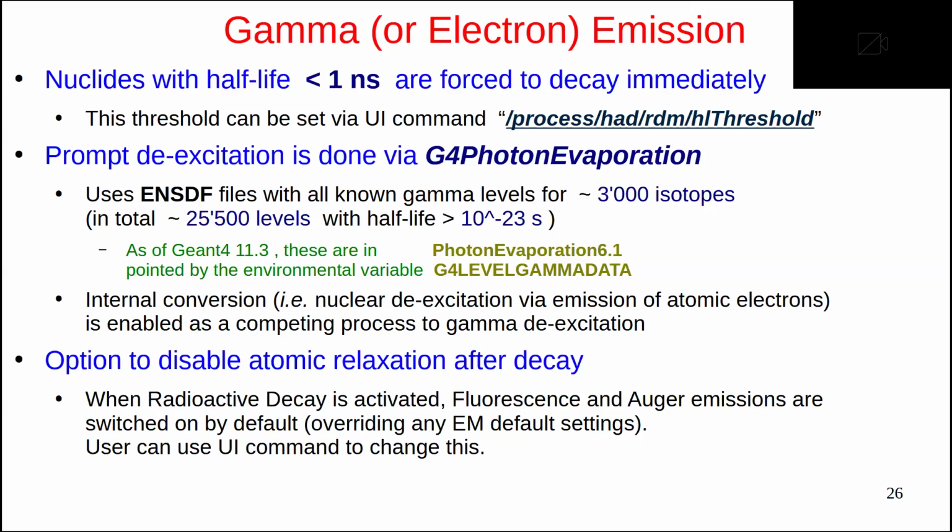We have data for roughly 3,000 isotopes, with more than 25,000 levels of those isotopes, with half-life greater than 10 to the minus 23 seconds. And of course, internal conversion, that means nuclear de-excitation via emission of an atomic orbital electron, is also enabled. It typically competes with gamma de-excitation, competing in the Monte Carlo sense. And there is an option also to disable this atomic de-excitation in case you are not interested, but in general, it's good to have it.